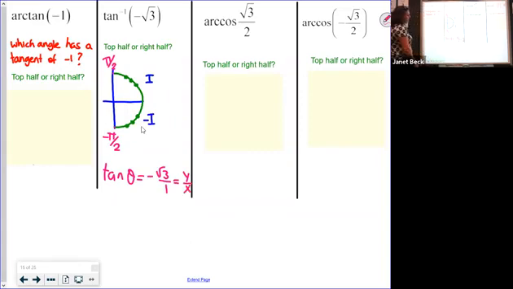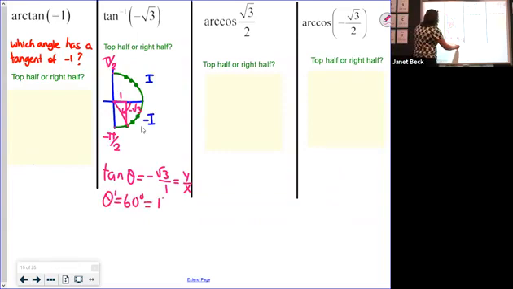Must be the y is negative root 3, x is 1. Tell me the name of that angle. That's a 30, 60, 90 triangle. My reference angle is 60 degrees, which in radians is pi/3. But it's not positive pi/3 because that will be that angle there.